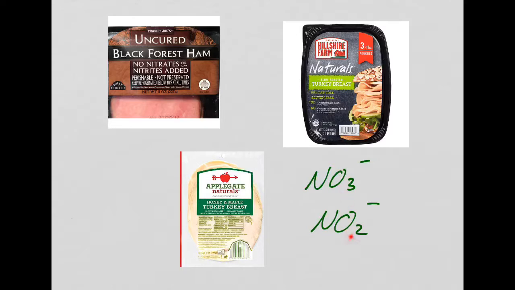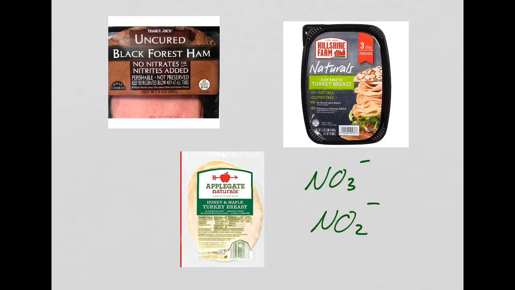So what they can do over time, again, not if you eat it once in a while, but if you accumulate a lot of these over time, they can go and bind to your DNA, because DNA wants electrons and these guys have electrons. And when things bind to your DNA, that's where things get really, really scary, right? That's when cancer happens, when things bind to your DNA and you cannot reverse it.